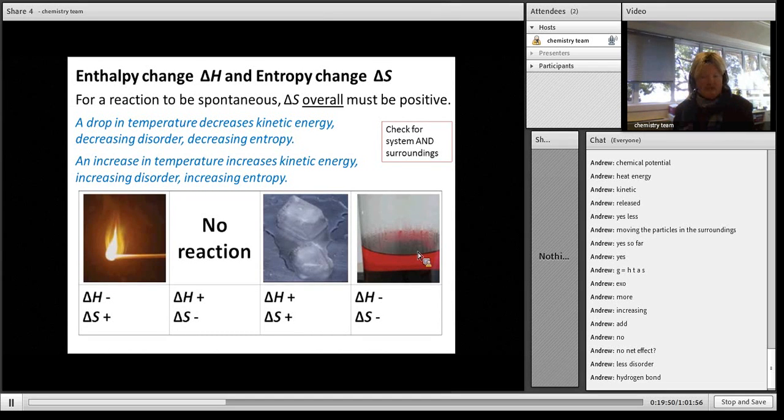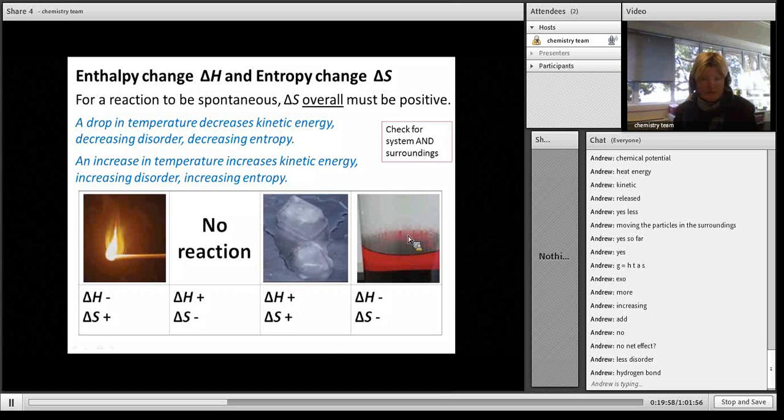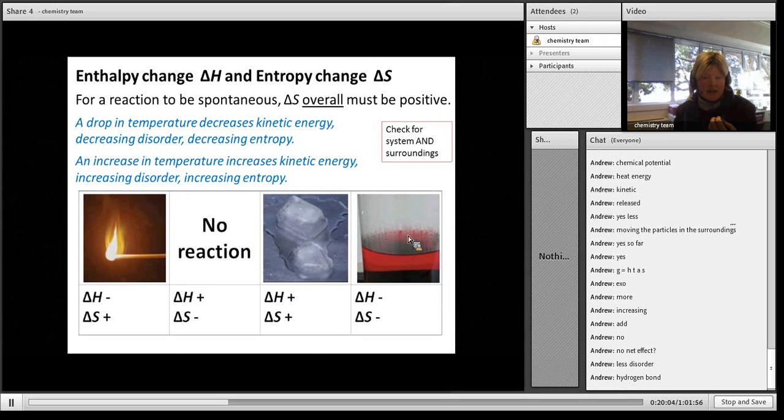Right, they're forming hydrogen bonds. We're now storing up potential energy. So it's an exothermic reaction. So delta H is negative. Now we've got less entropy, but lots of heat being released.